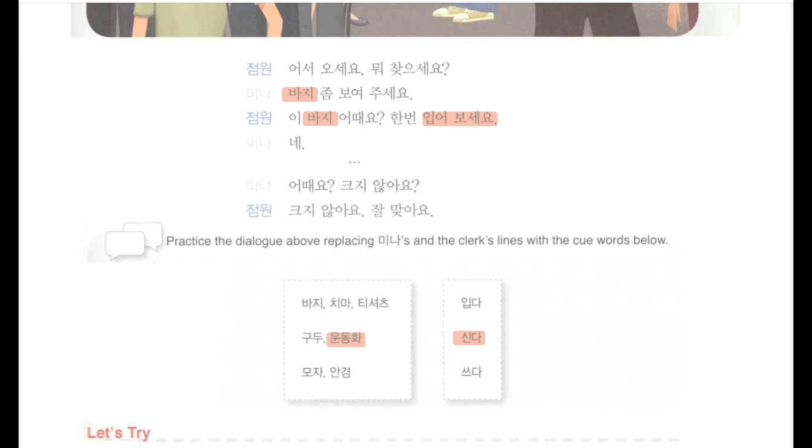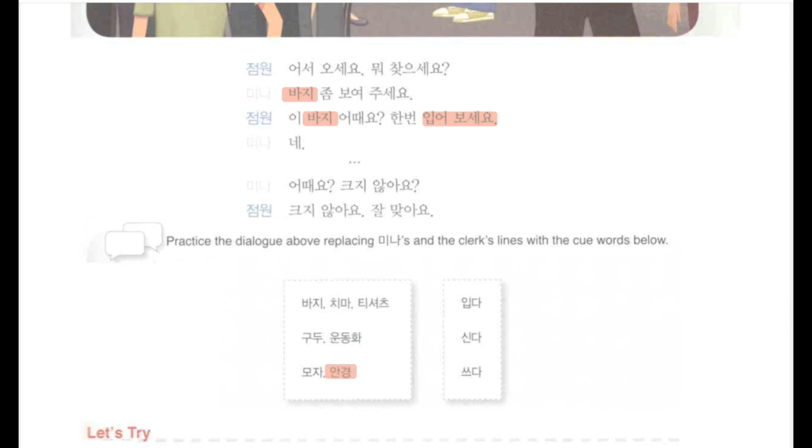This time 여러분이 점원하세요. 시작. 운동화 좀 보여주세요. 네, 어때요? 크지 않아요? Okay, very good.